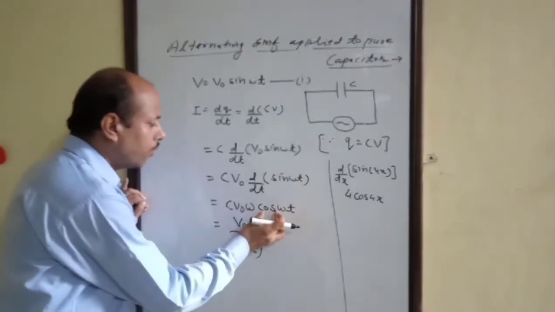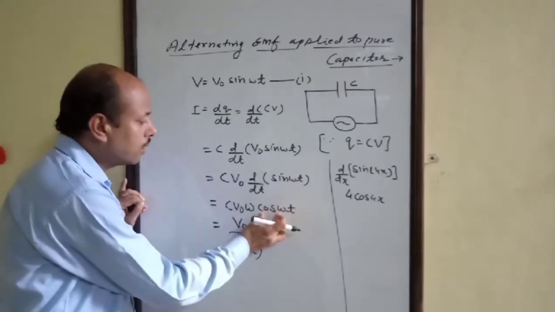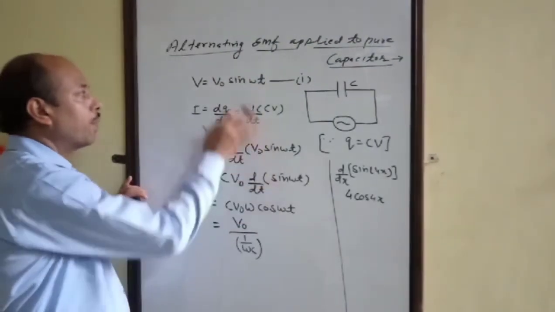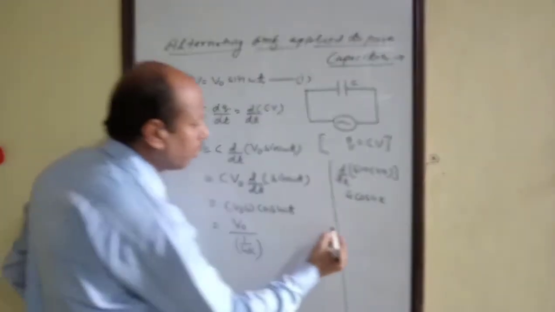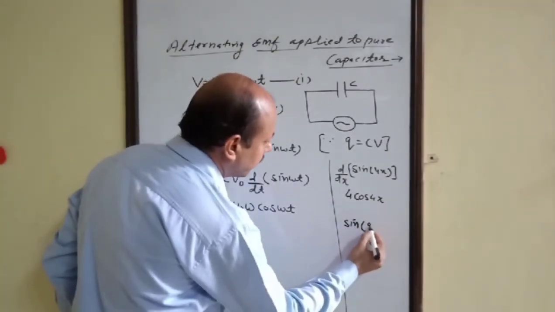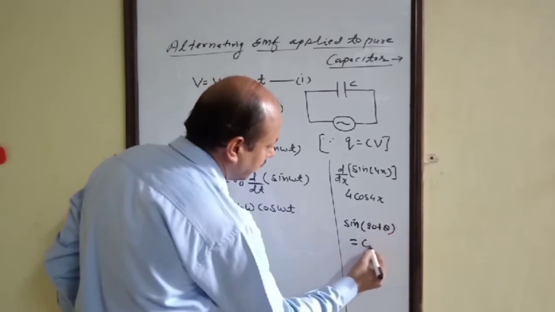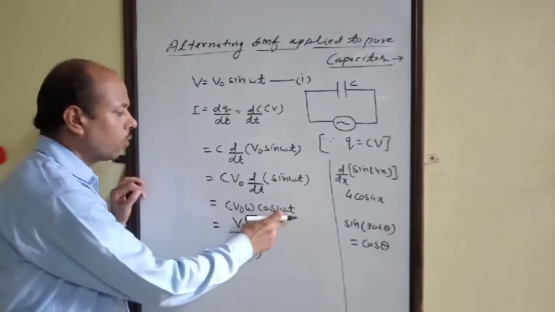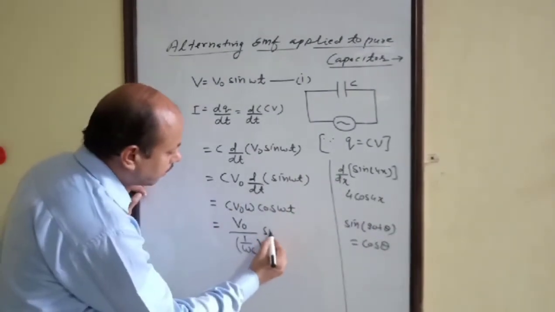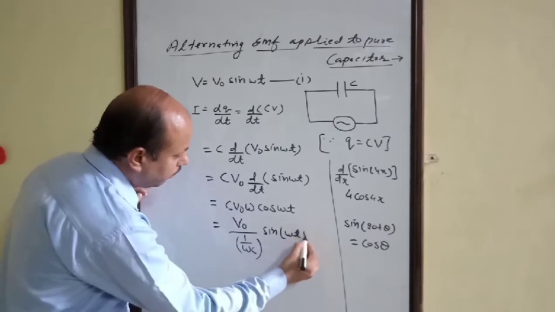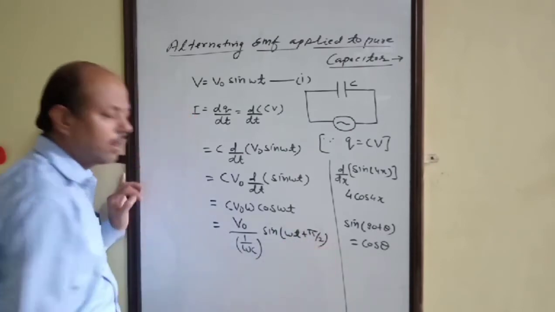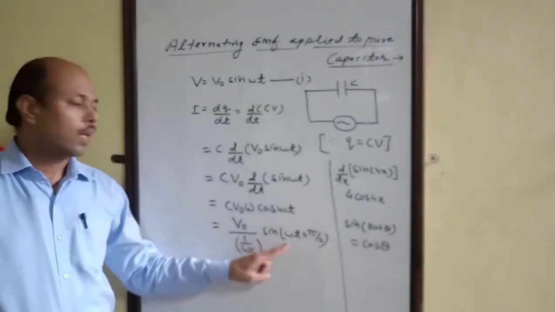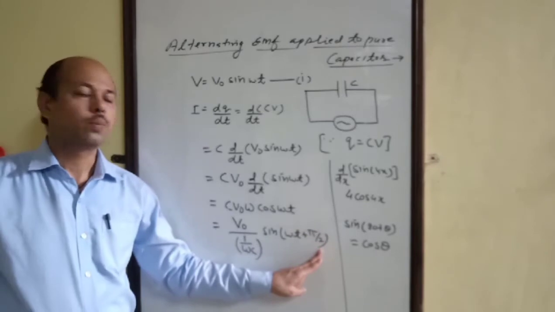Therefore, first of all, we have to change this cos into a sin function so that we can compare the phase. We know that sin of 90 plus theta can be written as cos theta. Therefore, this cos omega t can be written as sin of omega t plus pi by 2. It means V naught by 1 upon omega C times sin of omega t plus pi by 2.